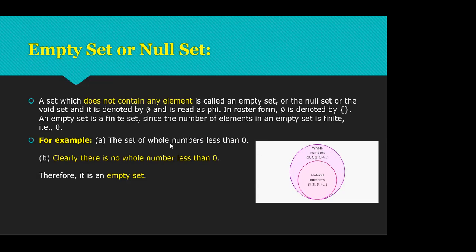So the set of whole numbers less than 0 is nothing. We don't have -1, -2, because whole numbers start from 0 and go to positive infinity. So if they ask you for the set of whole numbers less than 0, it's nothing, it's empty. Did you get it?